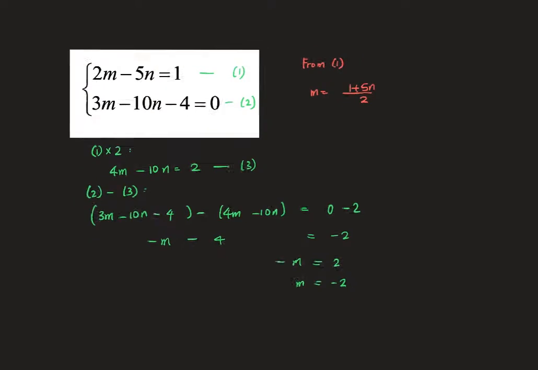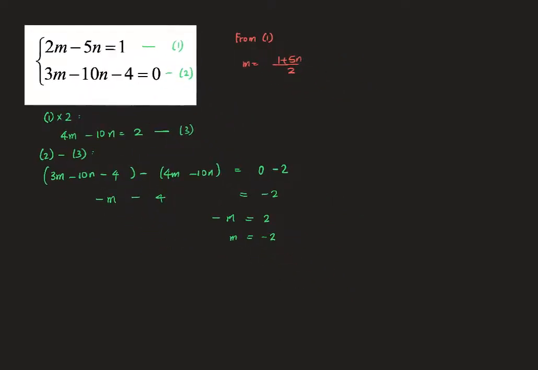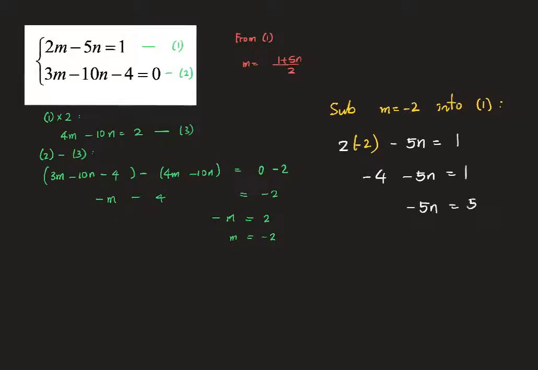Next, I'm going to find the value of n by substituting m equals minus 2 into equation 1. Then we have 2 times minus 2 minus 5n equals 1, and n equals minus 1.